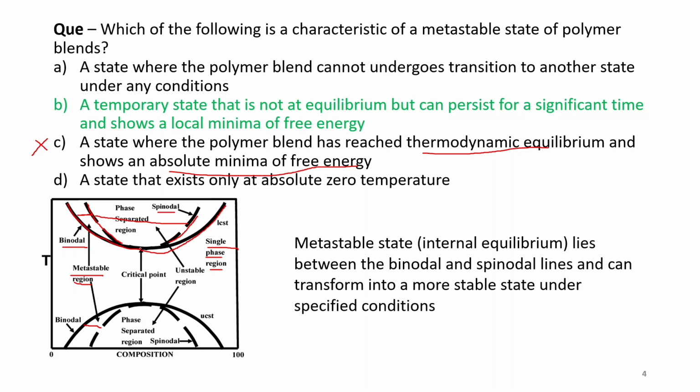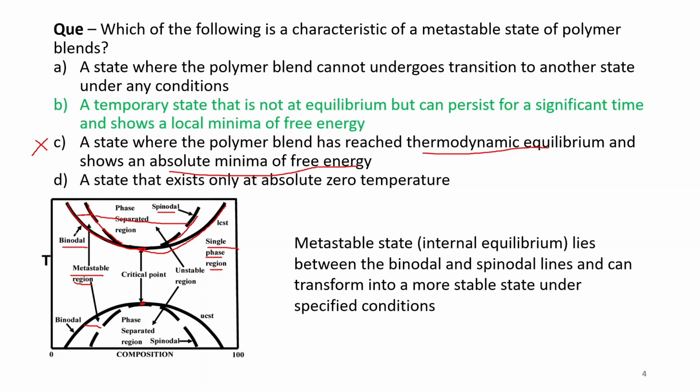These two points are the critical points, and the phase separated region is the unstable region, meaning the polymer solution or the polymer blends will be separated, they will not be homogeneously mixed, so it is an unstable region.